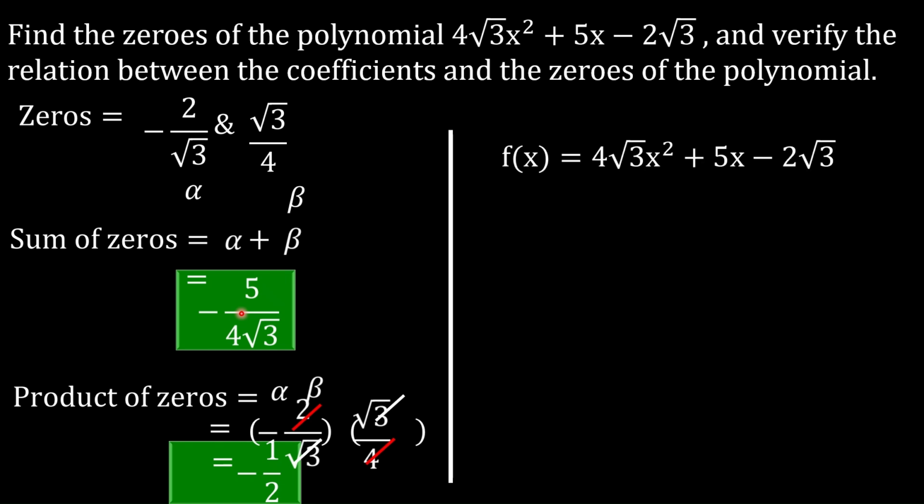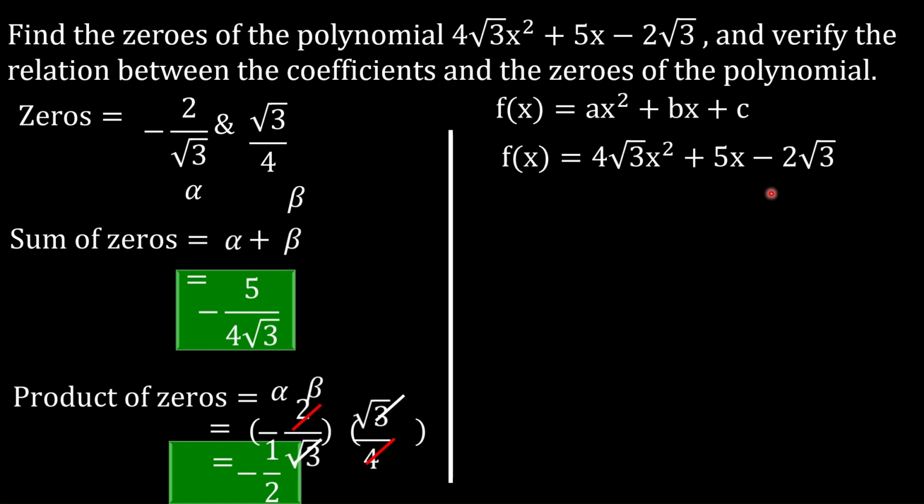Next, we have to find the sum of zeros and the product of zeros from the quadratic equation itself. For this, we consider the given quadratic equation, that is f of x equal to 4 root 3 x square plus 5x minus 2 root 3.